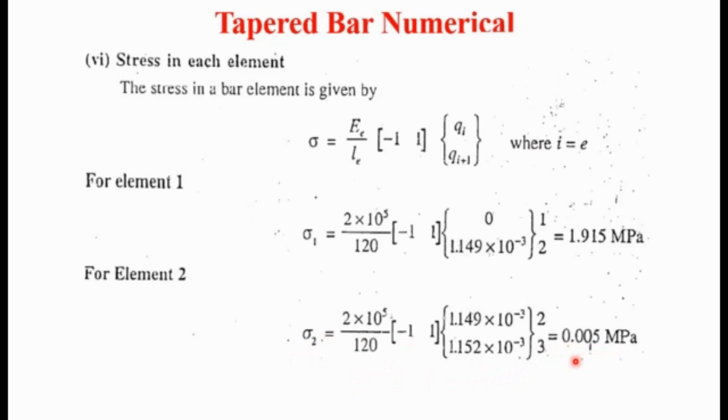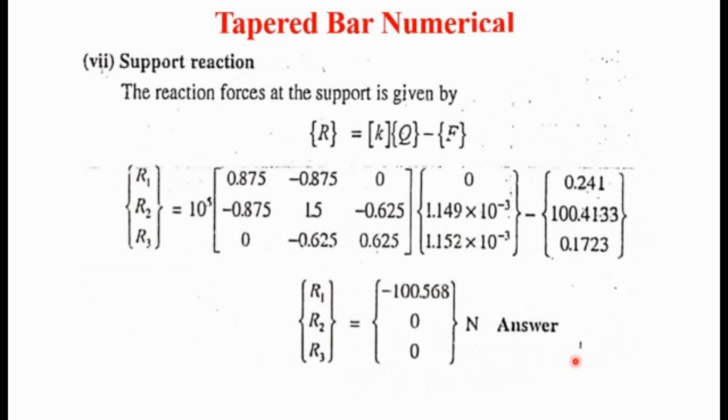Now these are the stresses in elements, sigma 1 and sigma 2. Next, support reaction. The reaction forces at the support are given by R matrix is equal to K matrix into Q matrix minus F matrix. This is the equation we already discussed in the previous lecture.